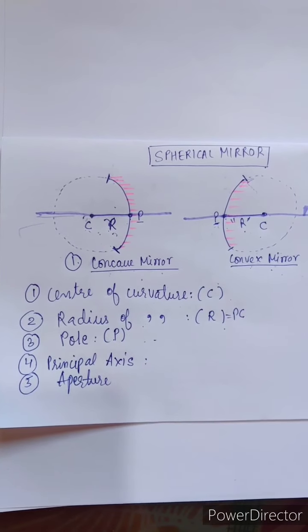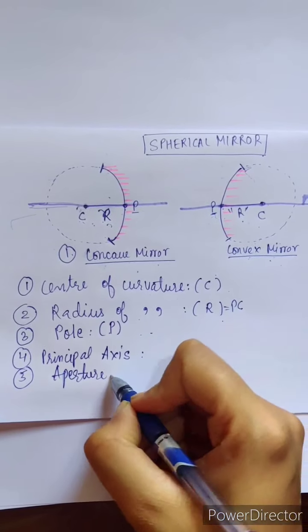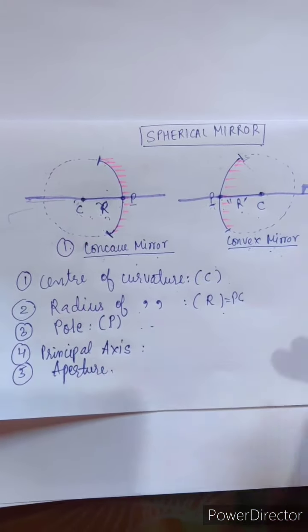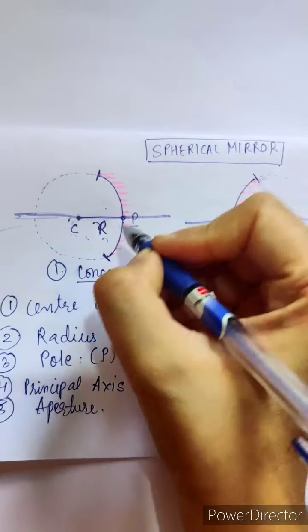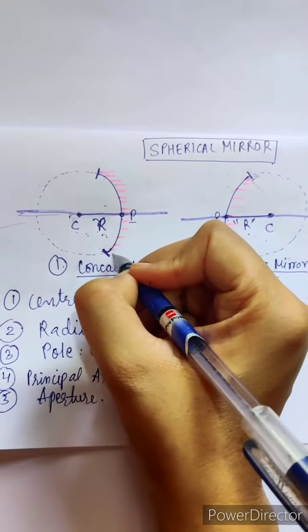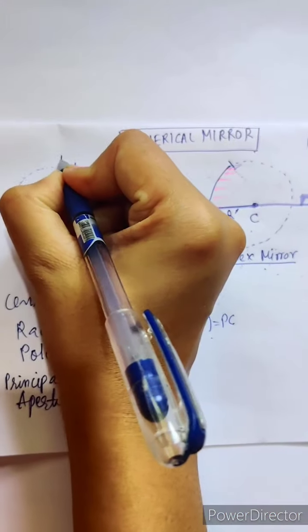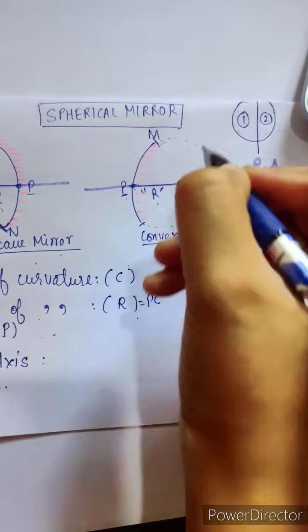The next term that we are going to see is aperture of a spherical mirror. The aperture of a spherical mirror is the part from where the reflection of light actually takes place. That is this area. This shaded area is the part from where the actual reflection is taking place. We will denote it as MN in both the mirrors.